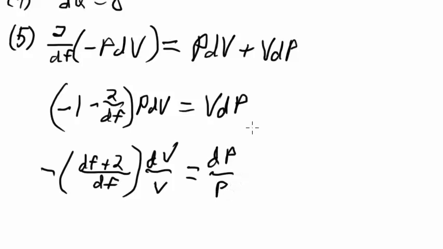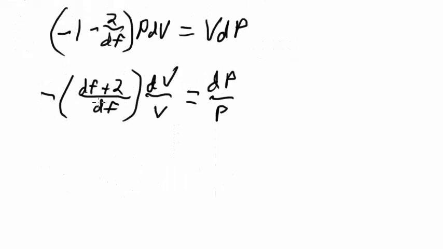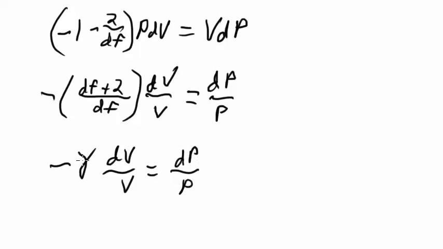And now we've accomplished the separation of variables. I'm going to replace this degrees of freedom plus 2 over degrees of freedom with gamma times dV over V equals dP over P. And then we're going to integrate both sides. Let's put our integral sign here.